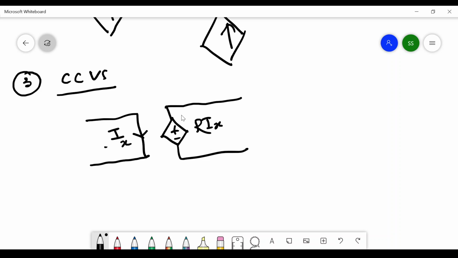Here you can say this has the unit of resistance, and it is called transresistance.